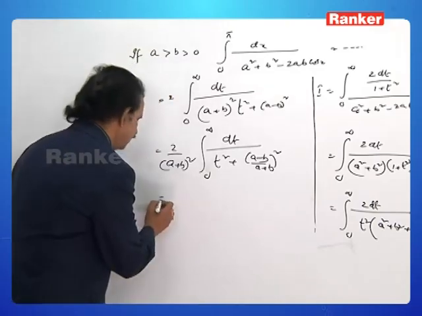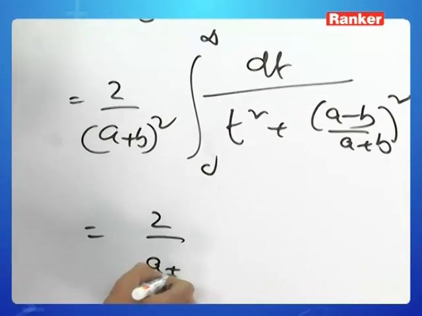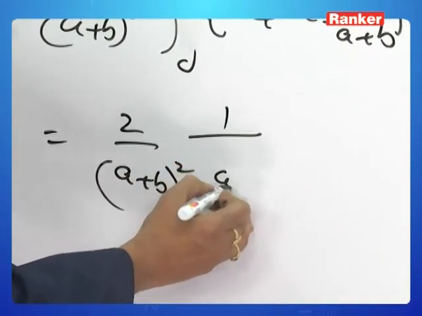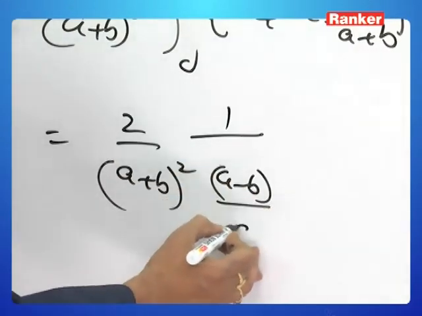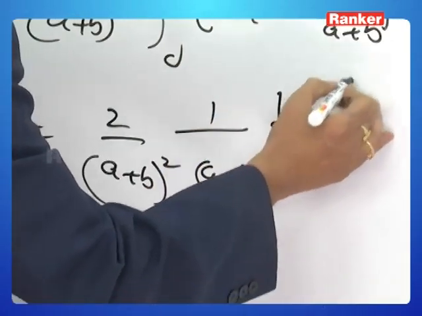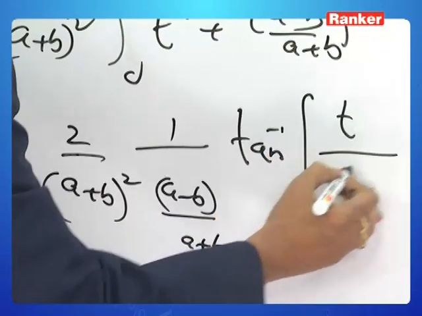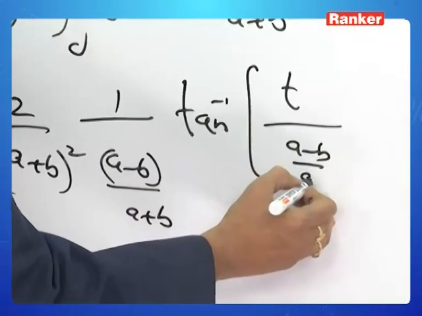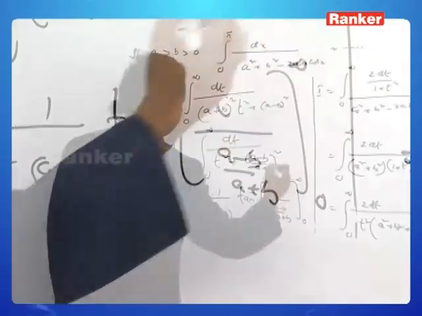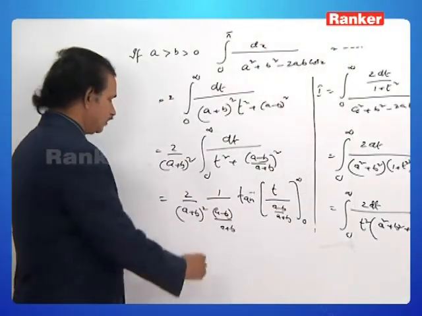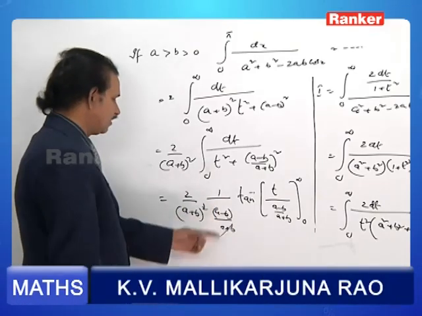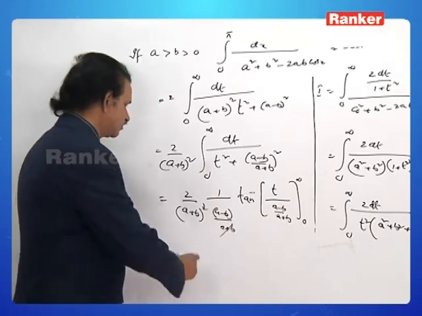So it is 2 by a plus b whole square into 1 by a, means a plus b by a minus b, into tan inverse t by a minus b by a plus b between the limit 0 to infinity. Good. One a plus b will be cancelled. A plus b into a minus b is a minus b whole square.